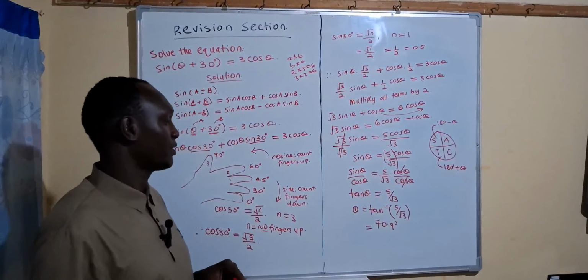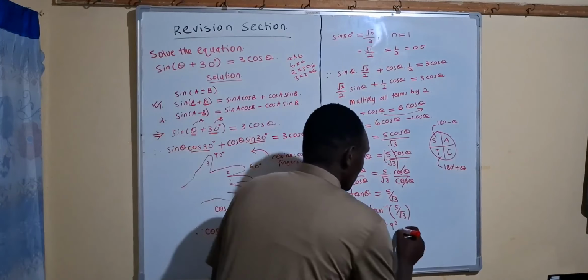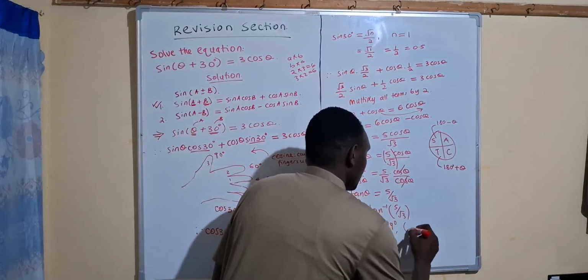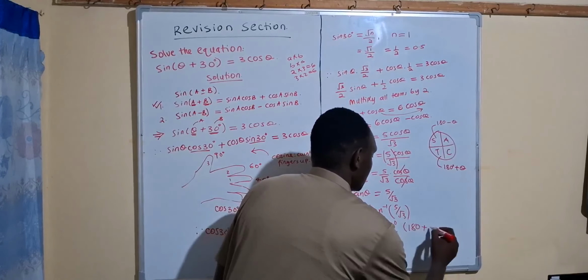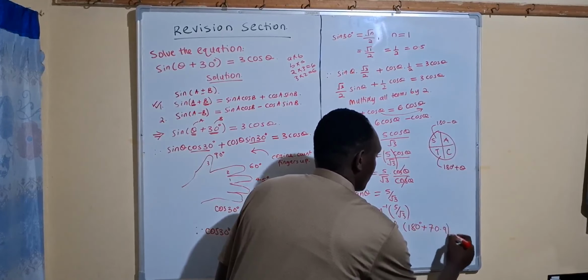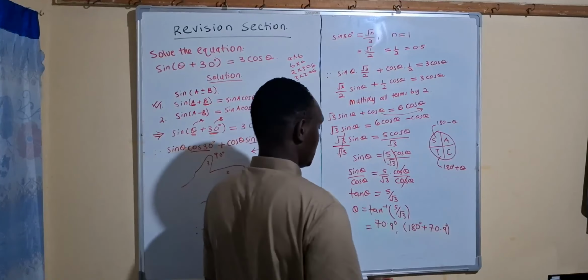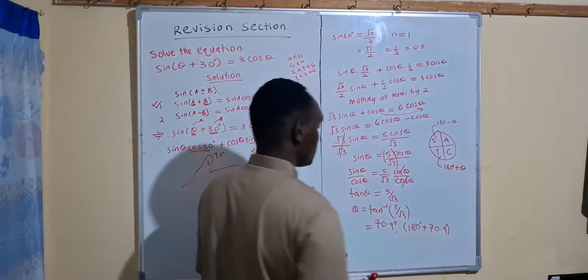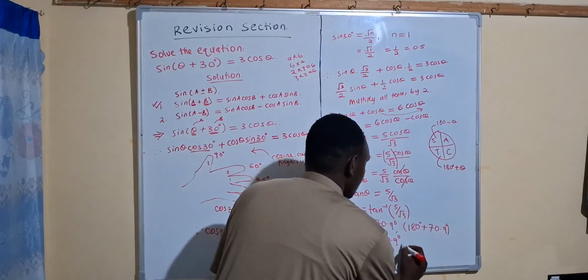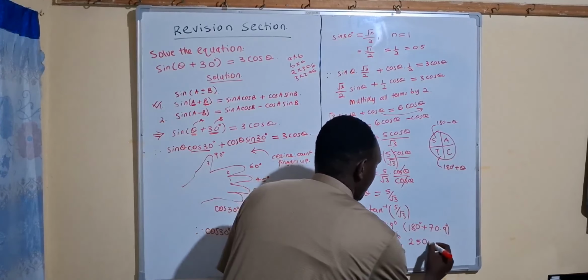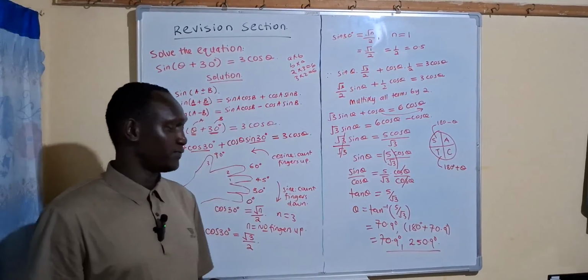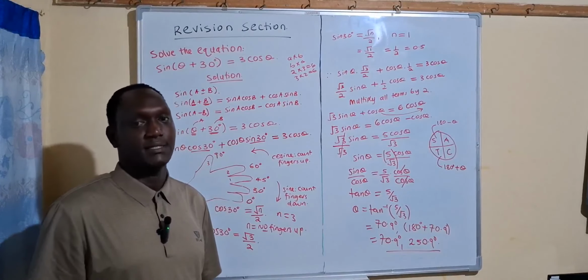So this is the first angle. Now the third angle, which is true for this theta, is that we just say 180 plus the angle we have got, 180 degrees plus 70.9 degrees. Then you press the calculator. It is 250.9. So now the solution for the angle becomes 70.9 degrees and then 250.9 degrees. Please press your calculator for this part, and you'll be able to get the answer.